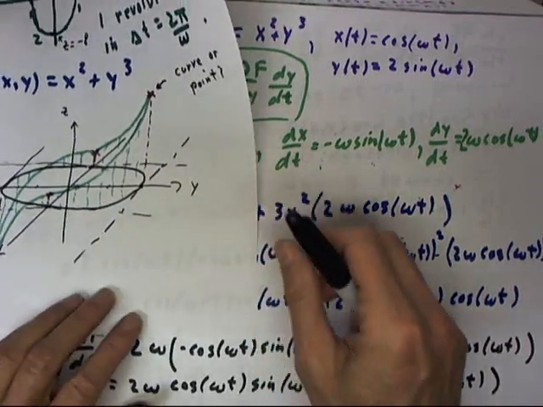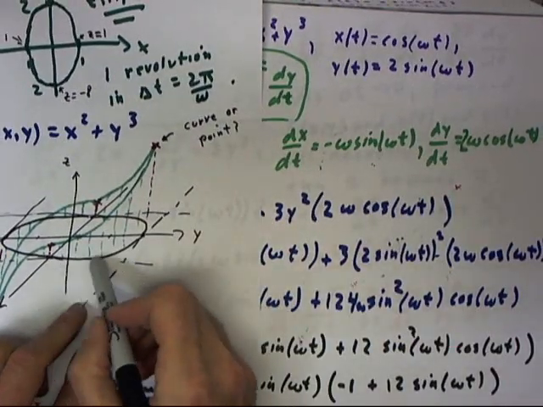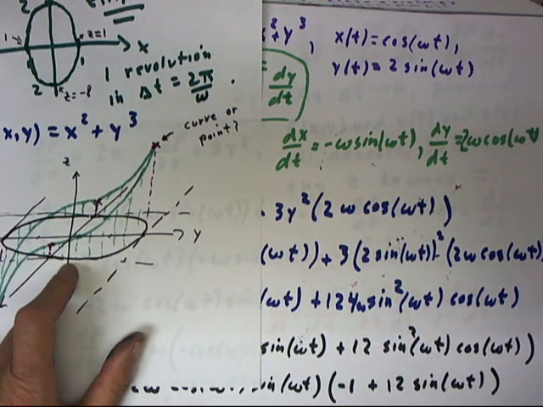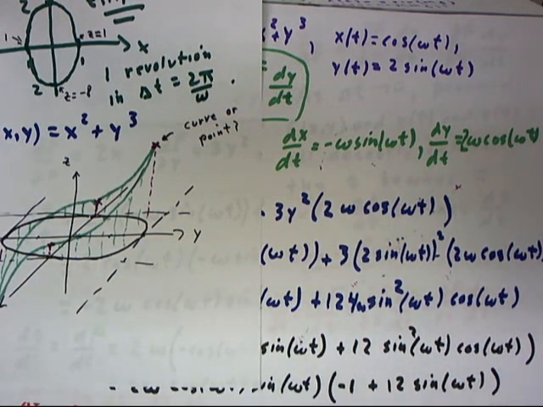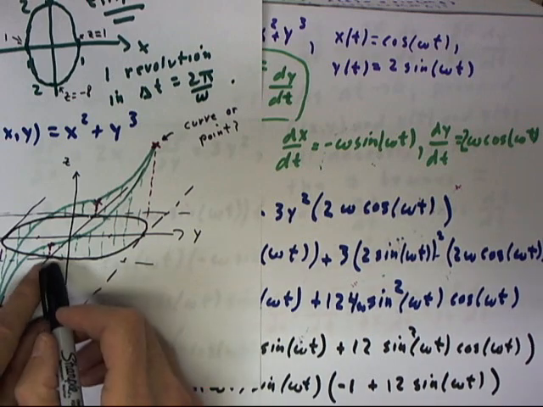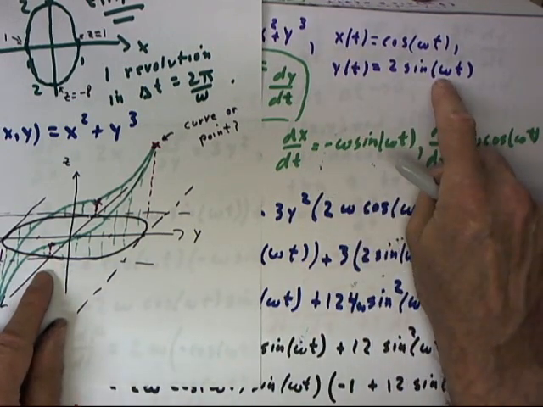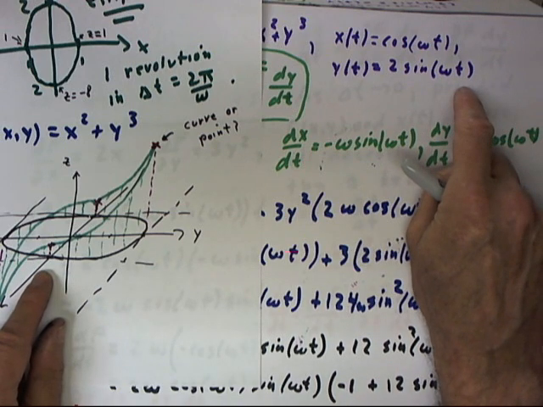Okay, well, let's think about, first of all, this ellipse. Where are we in this ellipse at different values of t? Well, it should be clear that when t equals 0, we're here. Because when t equals 0, x is 1, y is sine of 0 is 0.